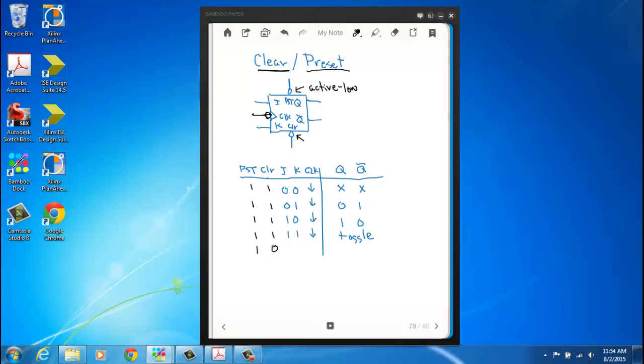So if you activate clear, you do not activate preset. And when you activate clear, the other inputs, J, K, and clock, don't matter. What a dash stands for here in the truth table is don't care. This is the first time we've seen this. Don't care, or doesn't matter, however you want to say it.